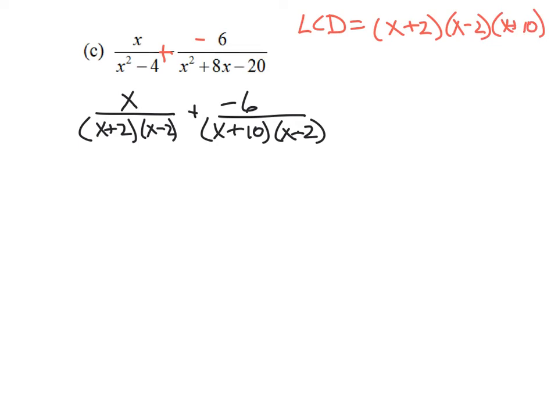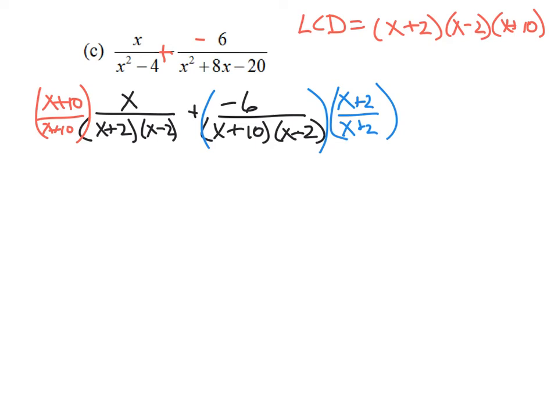So let's multiply our first fraction by what it's missing, which is x plus 10 over x plus 10. Let's multiply the second fraction by what it's missing. That would be x plus 2 over x plus 2. So this time we've got to distribute.